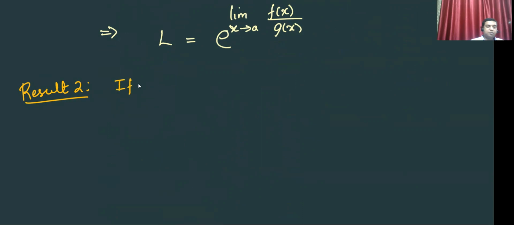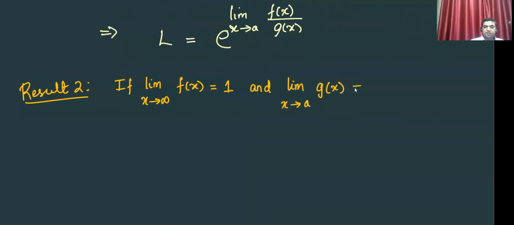Now, if limit x tends to infinity, f of x equal to 1, and limit x tends to a g of x, sorry, if limit x tends to a f of x is 1 and limit x tends to a g of x is infinity.